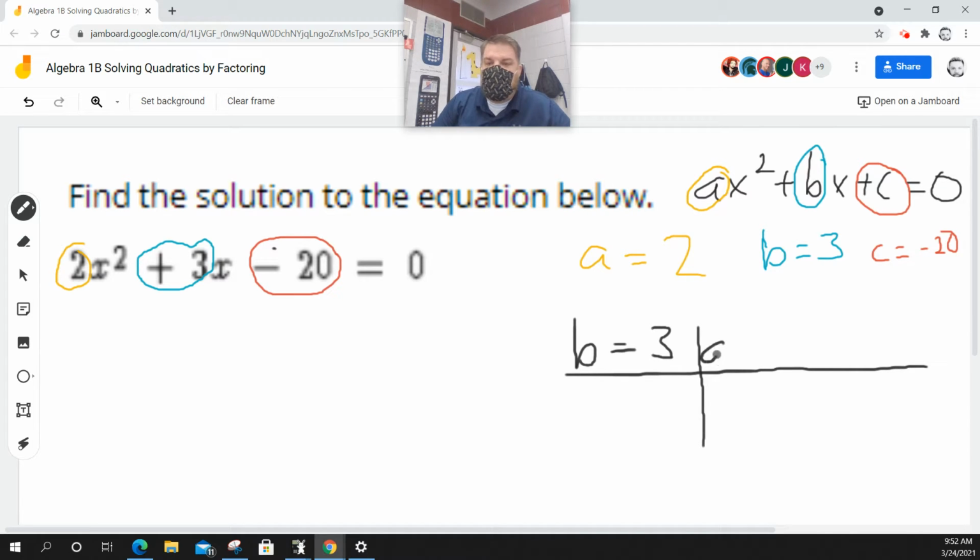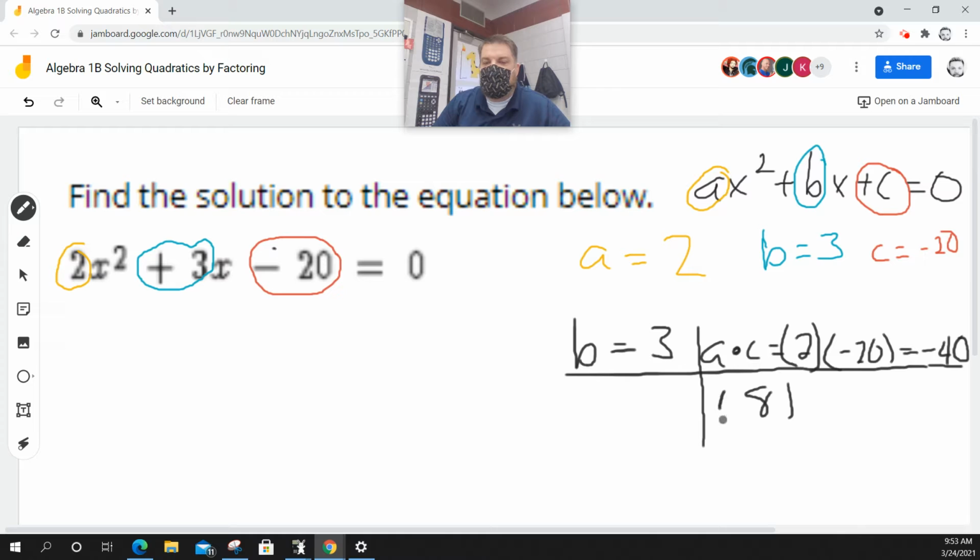But then when I multiply those same two numbers, they equal A times C, which in this case would be 2 times negative 20, or negative 40.